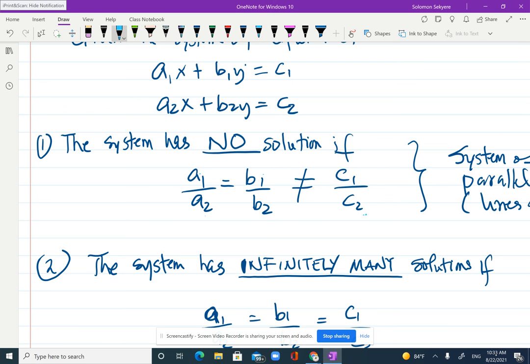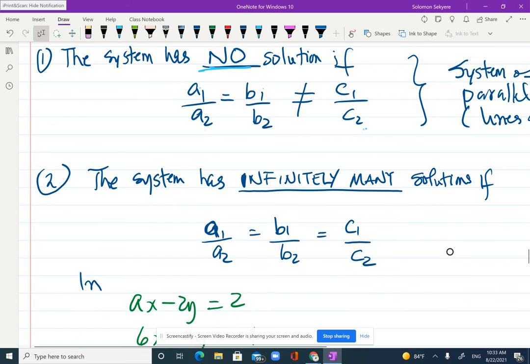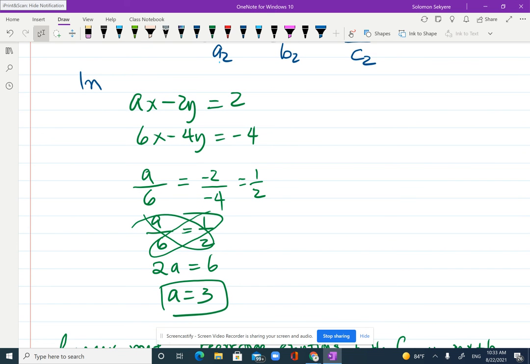You may also be asked to find infinitely many solutions. Then you say a1 over a2 is equal to b1 over b2 is equal to c1 over c2. So know the difference. Here it's not equal to. No solution.